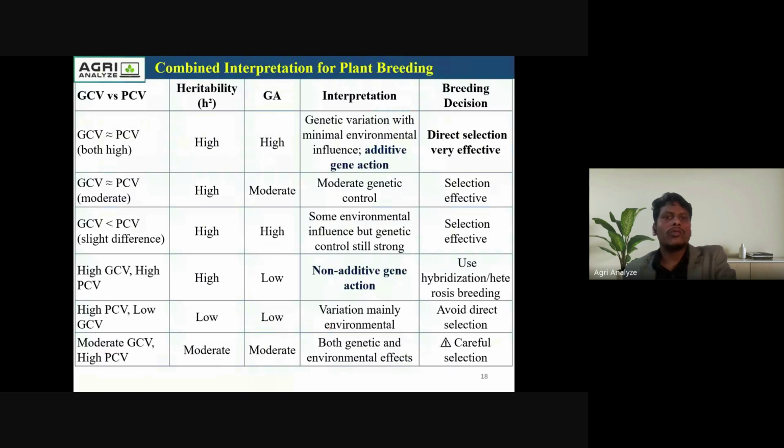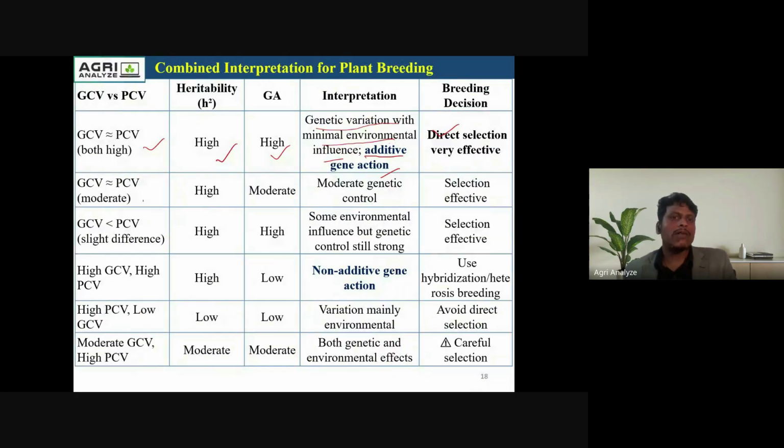Coming to the next slide, here is the combined interpretation for plant breeding. If GCV and PCV are high, heritability is high, and genetic advance is high, direct selection is very effective, as additive gene action may be taking place, with genetic variation under minimal environmental influence.